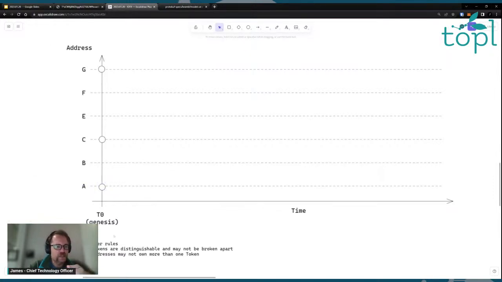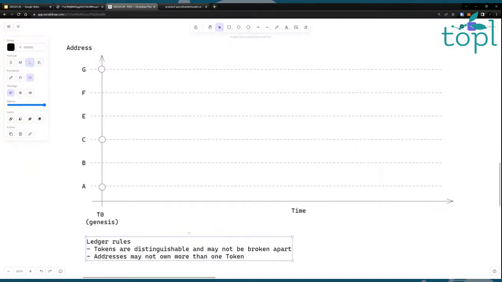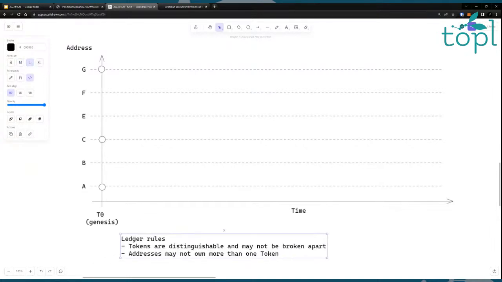And the rules of this ledger, like what I was just referring to in terms of the variation of the rule sets, are these. Ledger rules: tokens are distinguishable, meaning that I can't combine them, and they may not be broken apart. That's just me trying to be formal and saying that if we start with 3 tokens, we're going to end with 3.